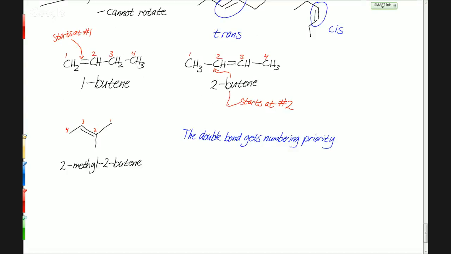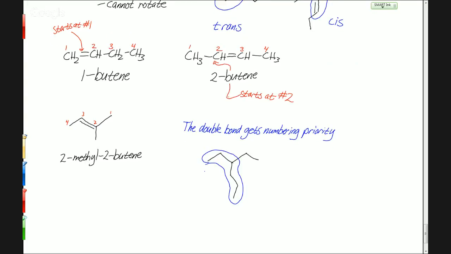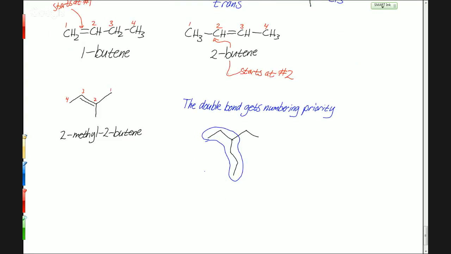So if we revisit something from before, this structure, we said that this was the longest chain, and therefore this becomes 3-ethylhexane.